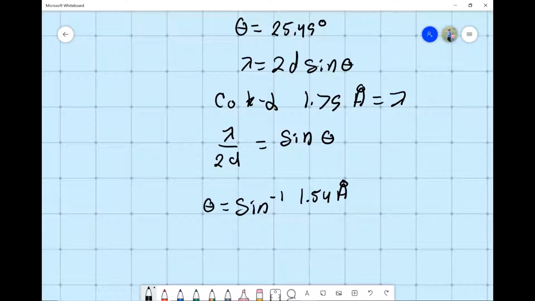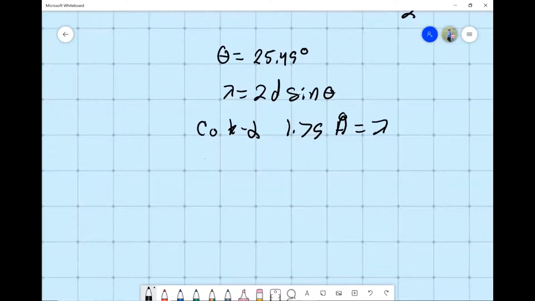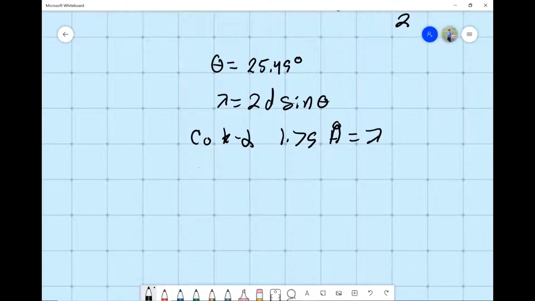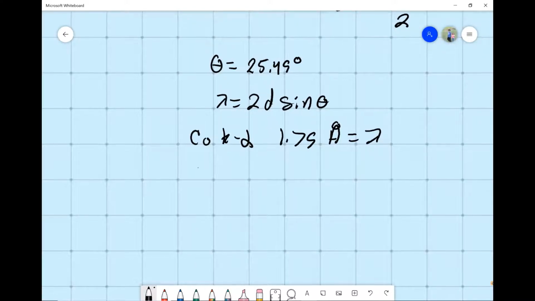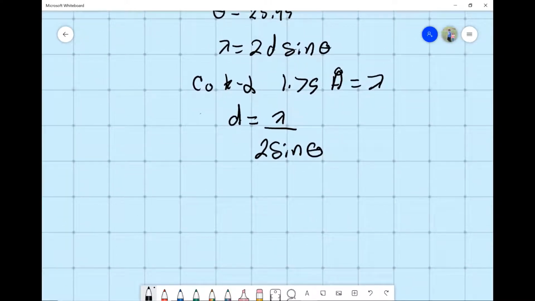We're solving for d. I don't know if I'll edit this out or not, because we already have theta. I don't know what I'm thinking. I made a mistake. d equals lambda over 2 sine theta. Lost track of what I was doing.